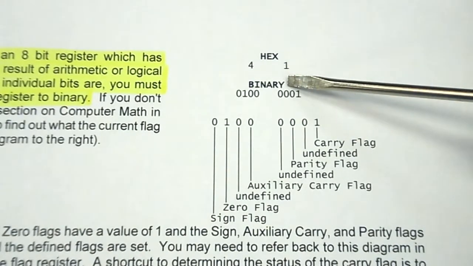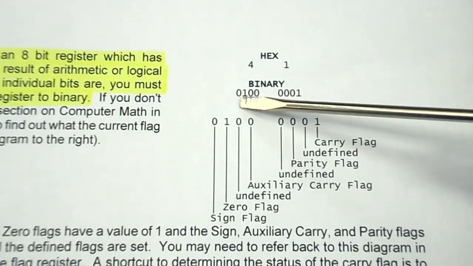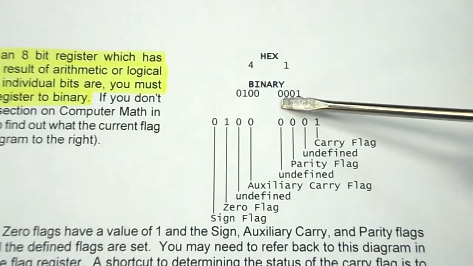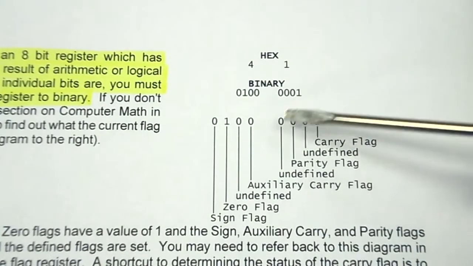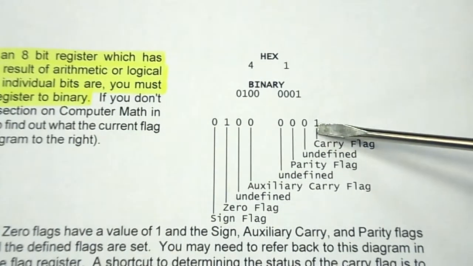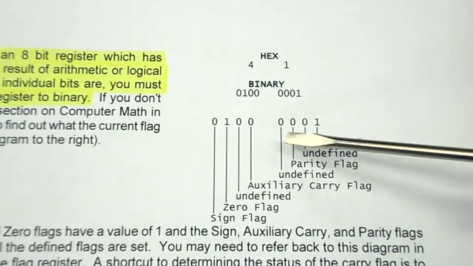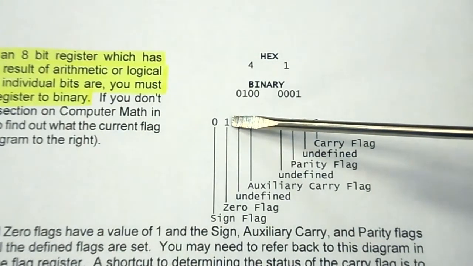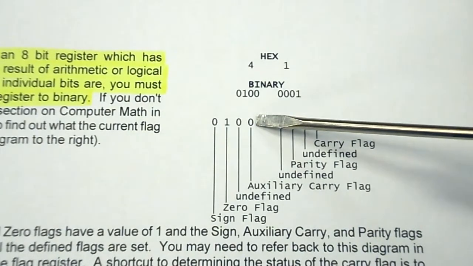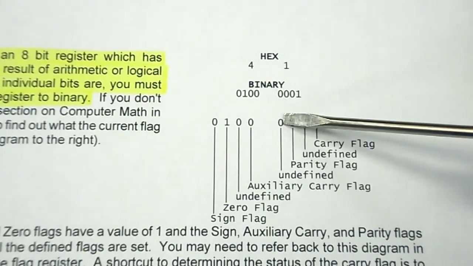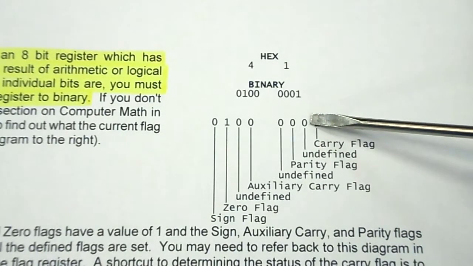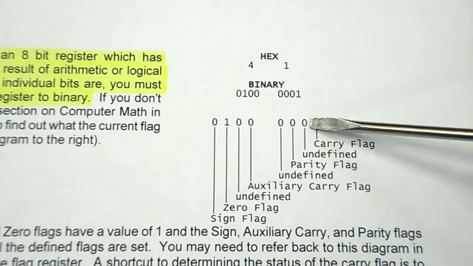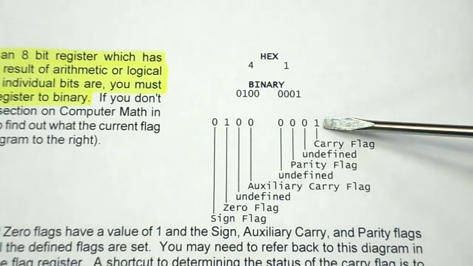That needs to be converted to binary, and in binary 4 is 0100 and 1 is 0001. Then each of these bits has a significance associated with it. So the first bit is the sign flag, the next bit is the zero flag, undefined flag, the auxiliary carry flag, the next bit is not used, the next bit's the parity flag, next bit's the undefined flag, so it's not used, and the last bit is the carry flag.